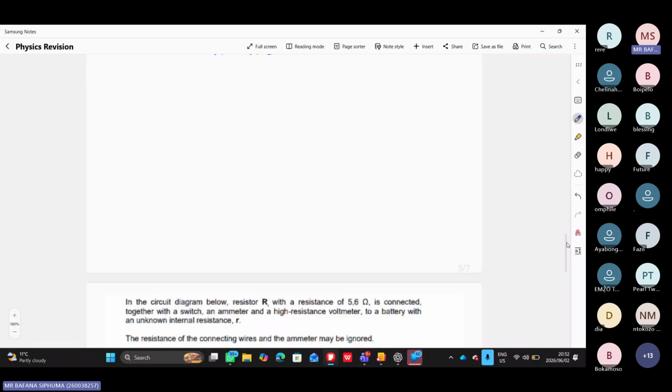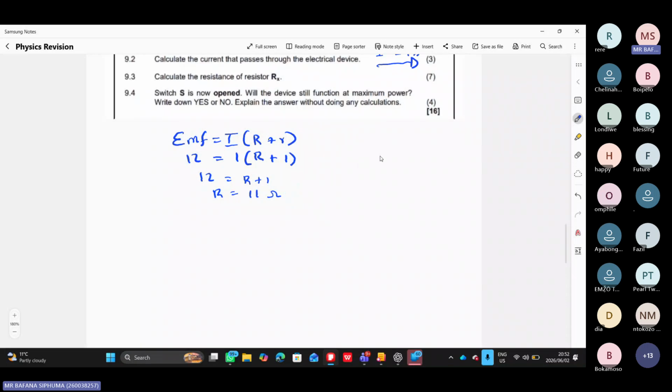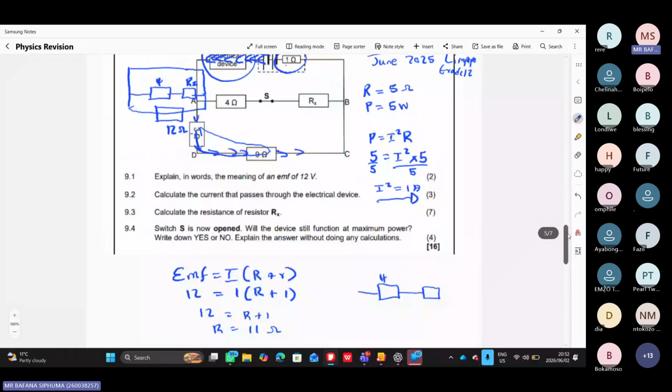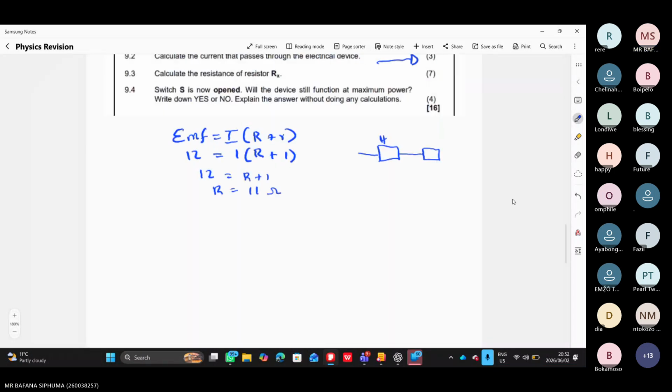But when you have simplified your diagram in such a way that you have a resistance, which I think was 4 ohms, and then this one is Rx, and then you have the branch below.